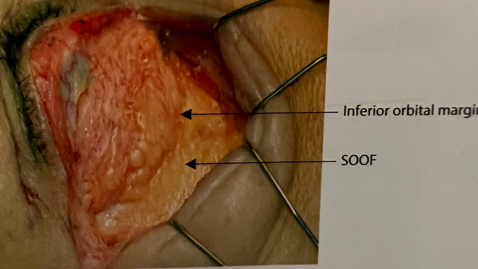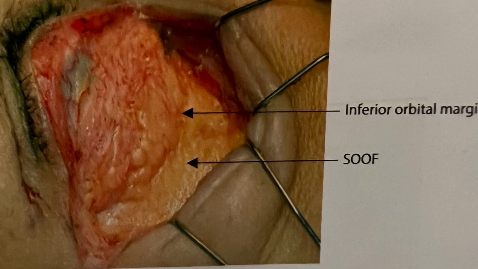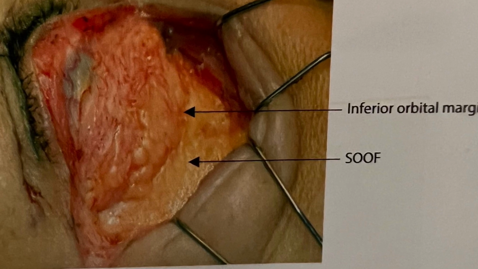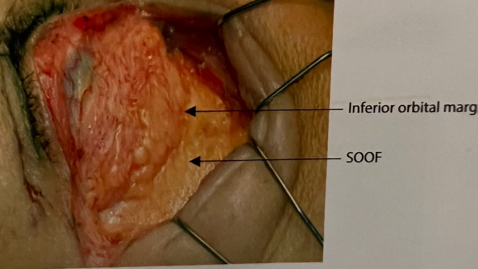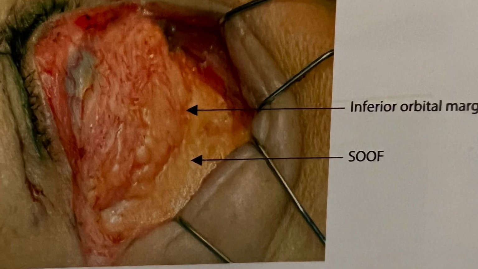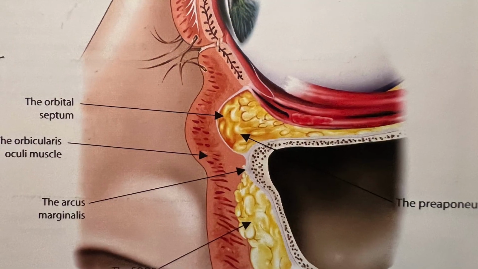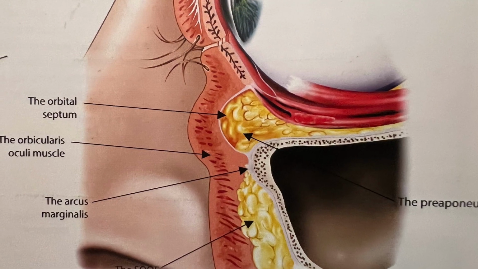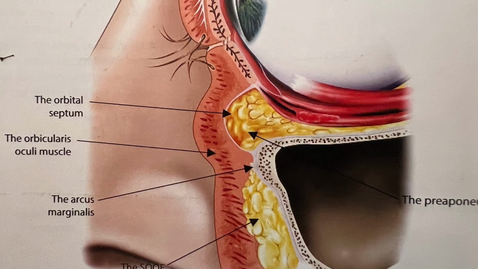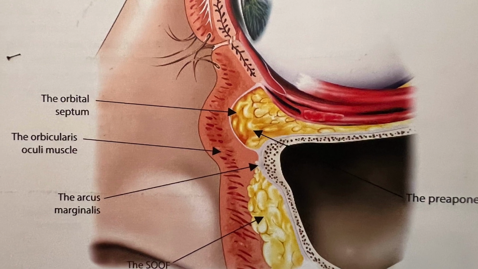Below the inferior orbital margin, posterior to the orbicularis oculi muscle and just anterior to the periosteum, is the suborbicularis oculi fat pad. You can see in this picture that this is SOOF, the suborbicularis oculi fat. With increasing age, the orbicularis oculi muscle and the suborbicularis oculi fat move inferiorly, leading to double convexity of the lower eyelid.